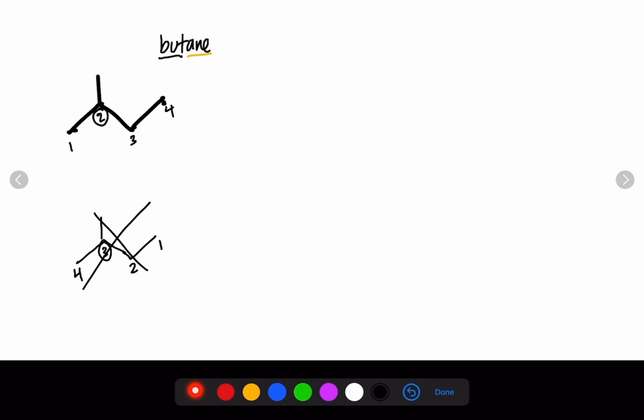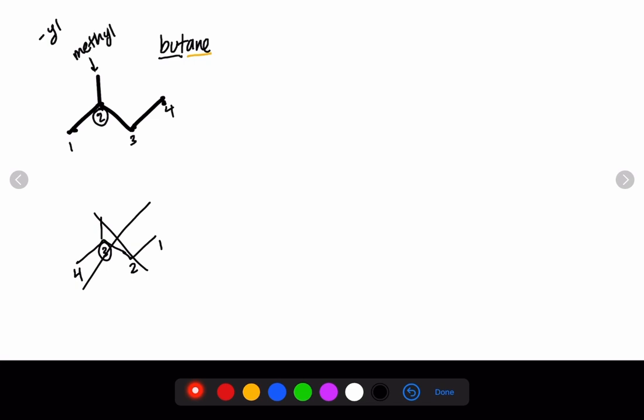Now we have a branch with 1 carbon that is hanging off this molecule. Every branch will have a yl ending as opposed to an ane suffix. Since it is 1 carbon, it has a meth prefix, making this group a methyl group.